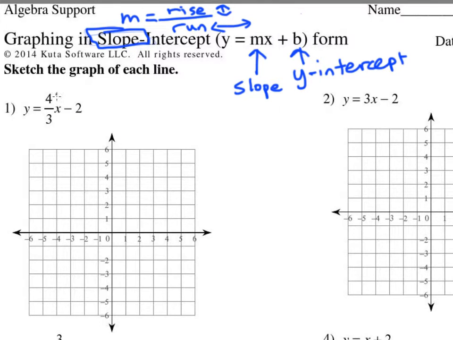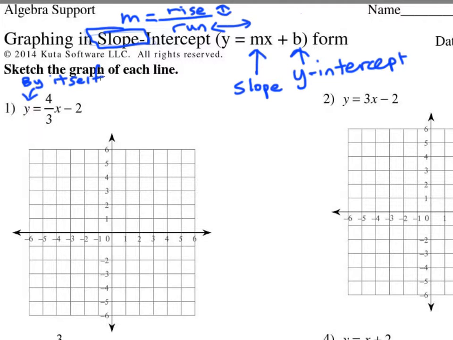First off, it says sketch the graph of each line. Number one, we'll do together. It says y equals 4/3 x minus 2. We can tell that this is slope-intercept form because y is by itself.